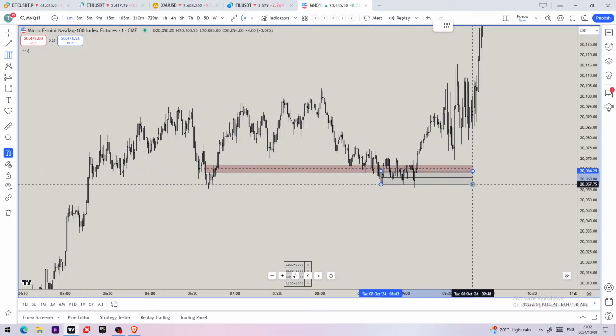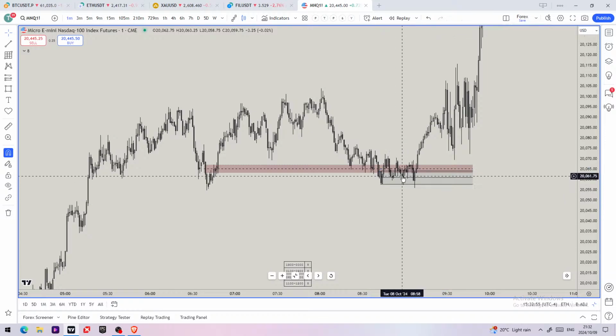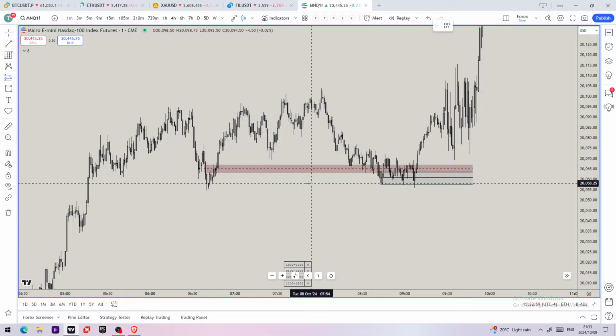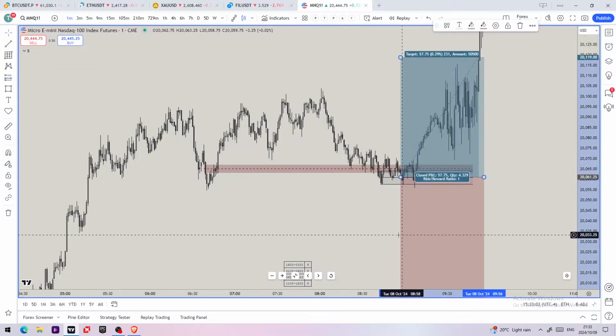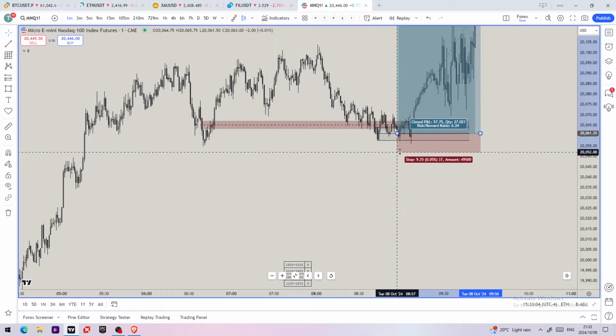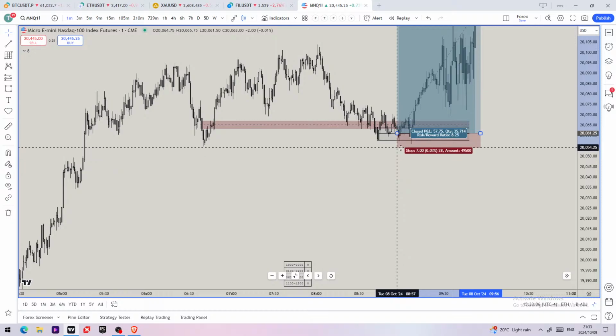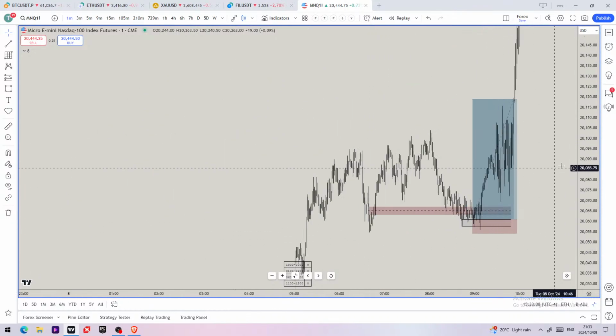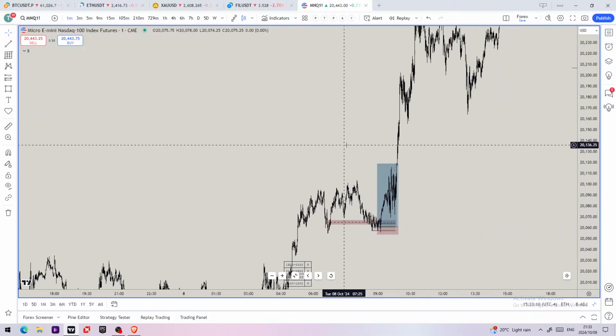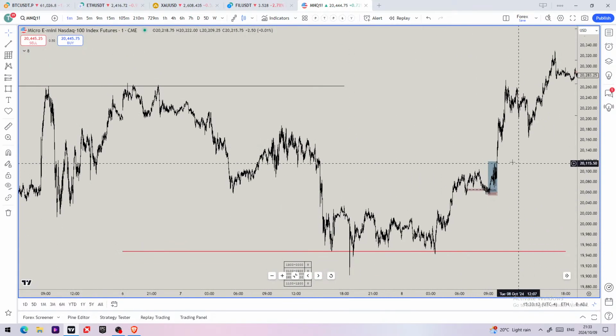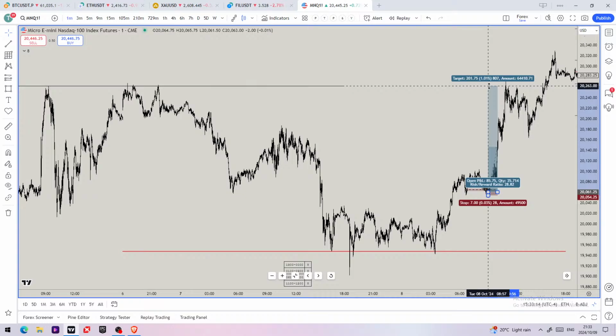When you truly understand how these models work, you would be able to take trades like this. Order block, stop below the order block, $7 stop, and you would be targeting statistical highs or lows like this. For me, it was this one.